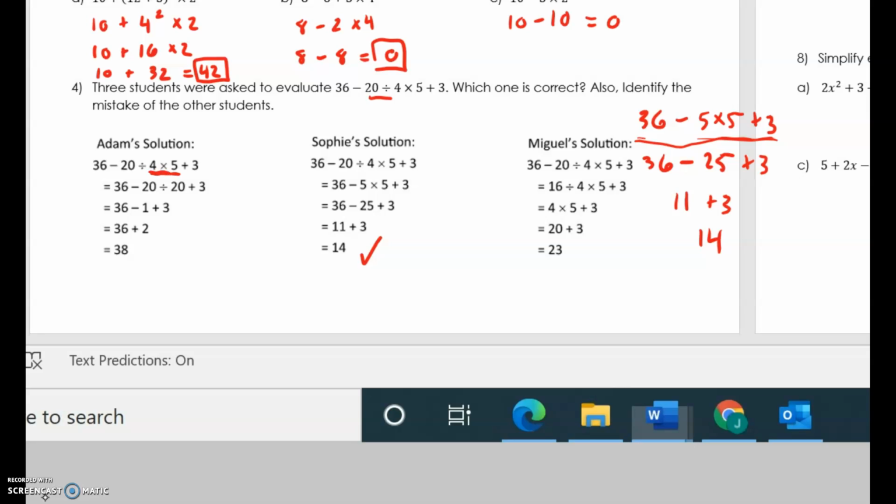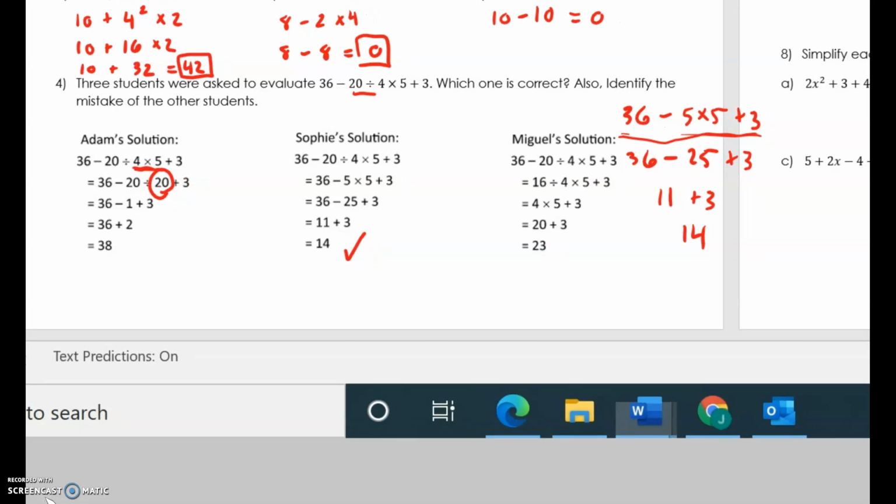Okay, so that's how he got 20. And we know that we have to read left to right here. So he's doing multiplication before division, and that's not correct. We just read it left to right with those two operations. So I'm going to circle this. And then my explanation here is read left to right. So that's what he messed up on.